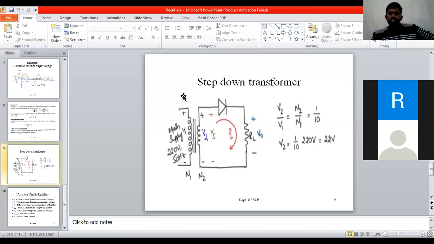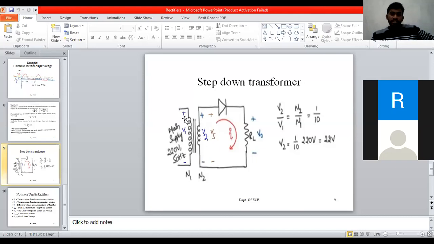We'll see the step down transformer operation. Why am I calling it a step down transformer? It all depends on how many turns there are in the primary and secondary. Based on that, we can call this a step down transformer. You just see the number of windings. This is the transformer symbol, and this is the primary winding, and this is the secondary winding. The voltage appearing across the primary winding is V1. The voltage appearing across the secondary winding of the transformer is V2.